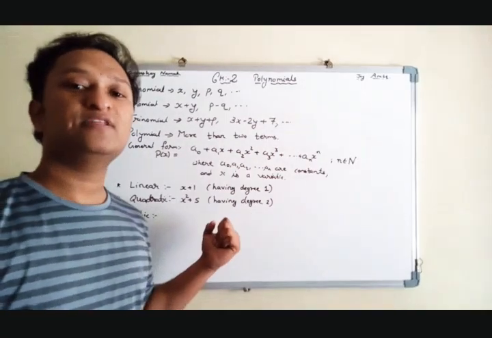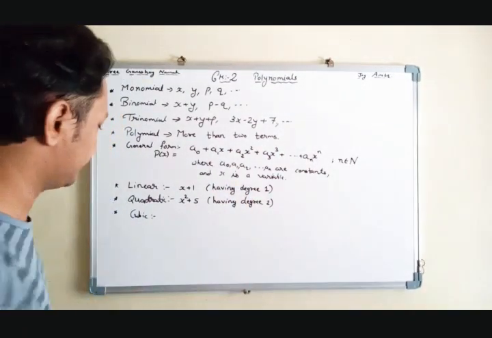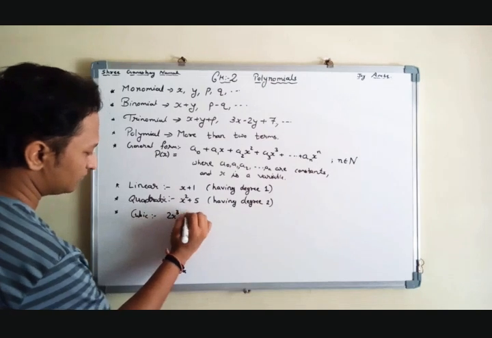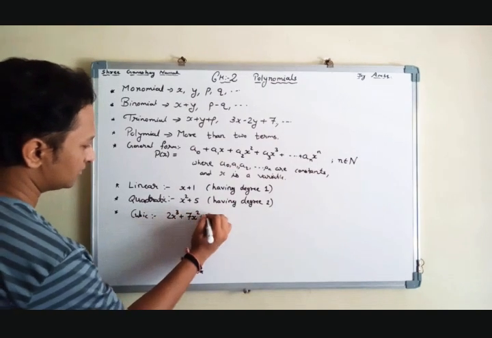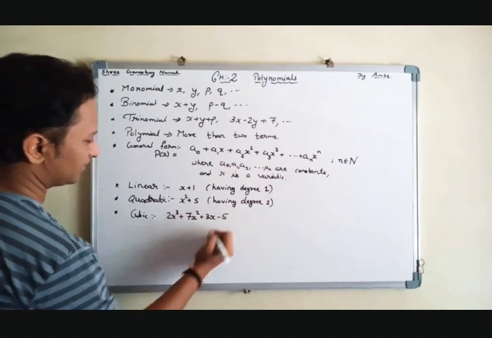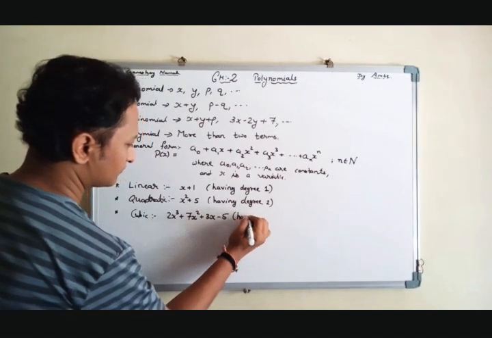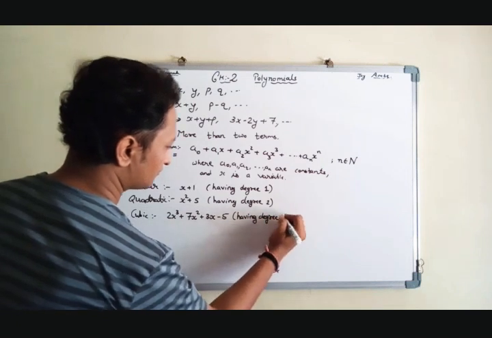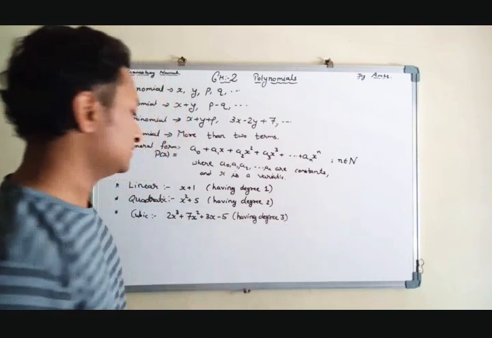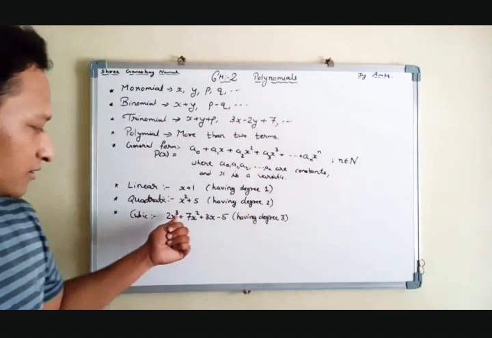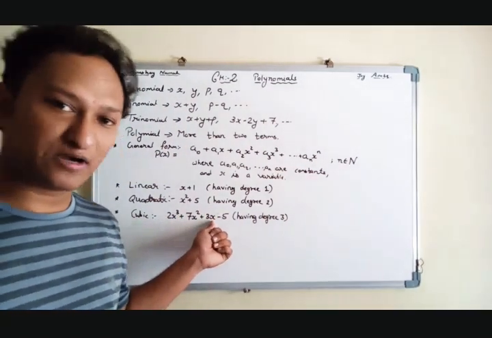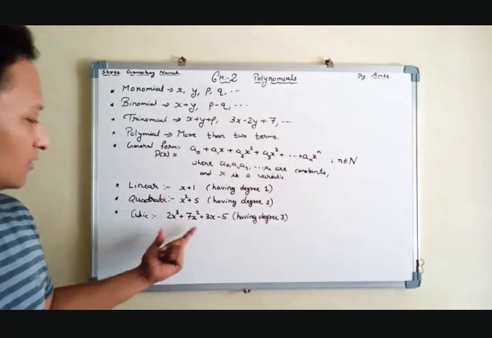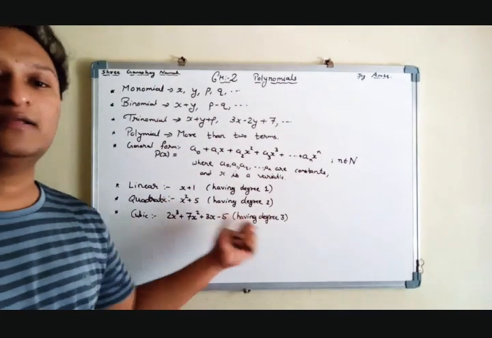A polynomial with highest power 3, like 2x cube plus 7x square plus 3x minus 5, having degree 3. Here the powers are x to the 1, 2 and 3, but the maximum power is 3. That's why a cubic polynomial has degree 3.